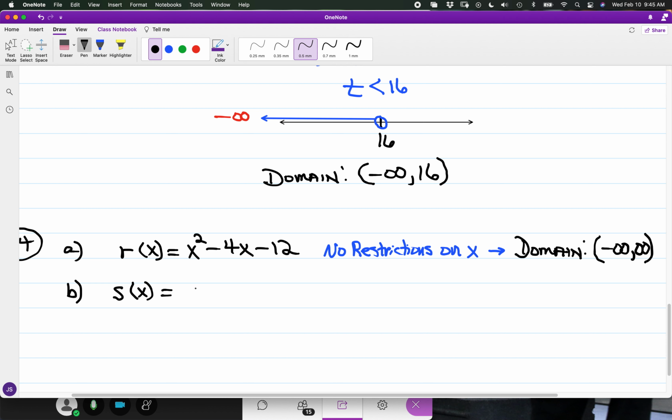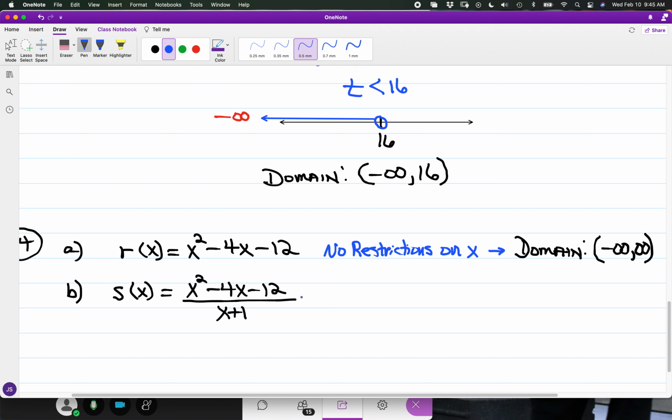And for this particular function, s of x is set equal to x squared minus 4x minus 12 all over x plus 1. Now for this particular function, we have a fraction.